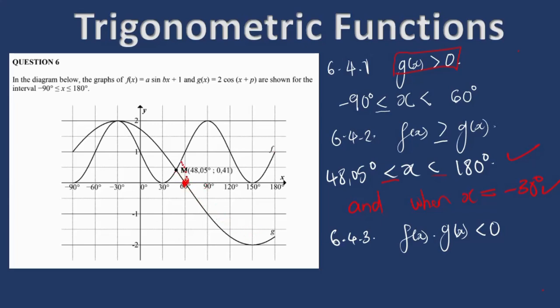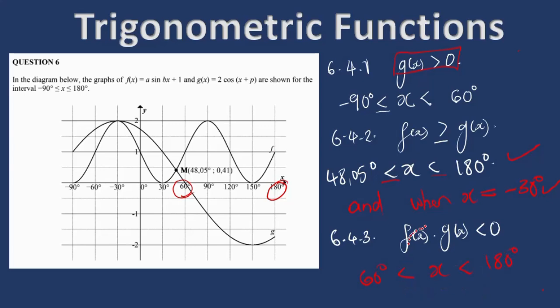And that's when, at this area here, one of these graphs dips in to become negative and the other one stays positive. So now at this point, the product of these two graphs becomes a negative answer. Where does that happen? It happens at 60 degrees up until the last point here, 180 degrees. So x is between 60 degrees and 180 degrees.